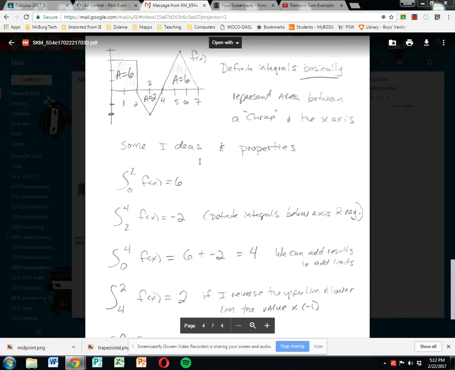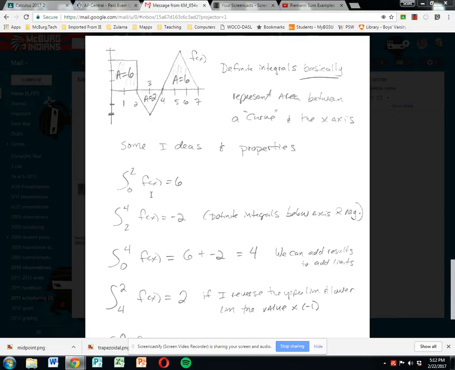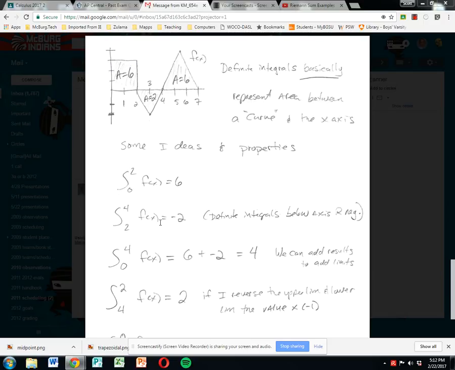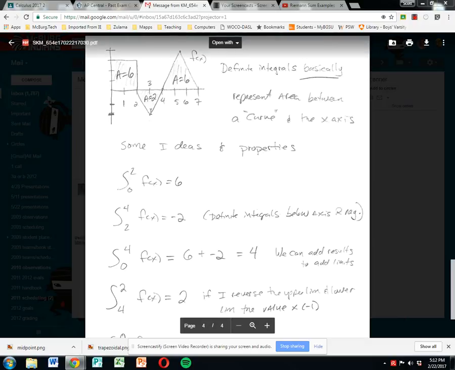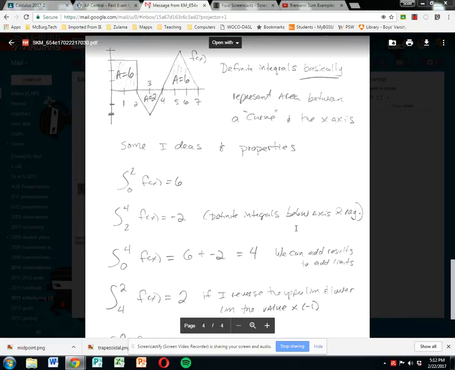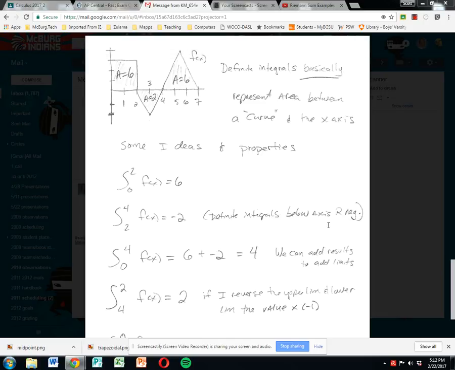So if we look at the definite integral from 0 to 2 of f of x, it is just equal to 6. Literally, it's the area underneath the curve. From 2 to 4, the integral of f of x is -2. Anything underneath the x-axis, I know it's weird to say area is a negative, it's really not the case, but the definite integral comes up as a negative. Anything below the x-axis, the definite integral is represented by a negative.